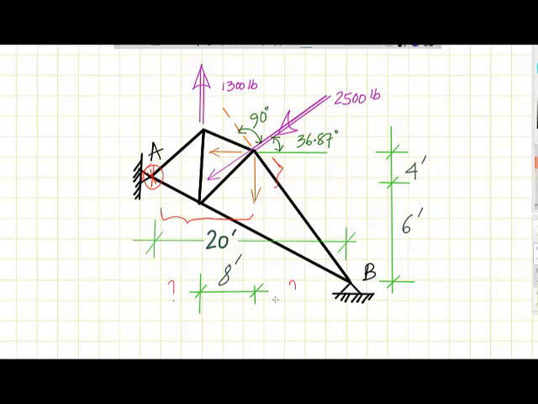So as we used to say, we extend the lines, creating right angle triangles, to see if we can find these distances. If you extend this line and this line, we'll get this 90-degree angle for this triangle.